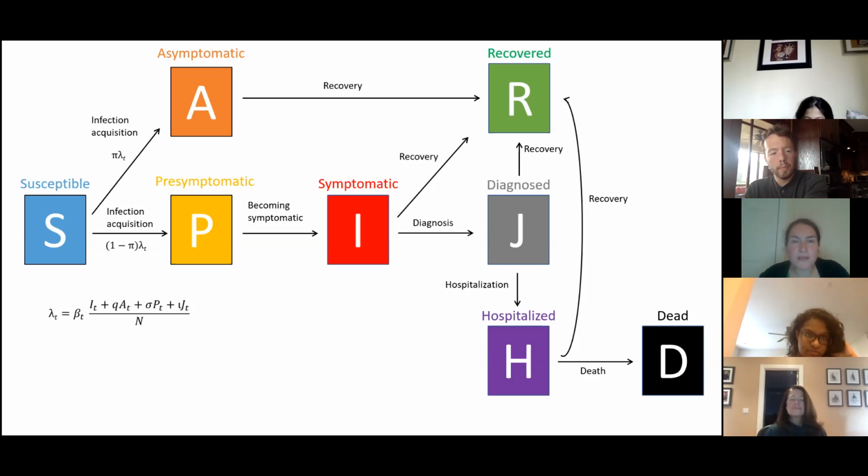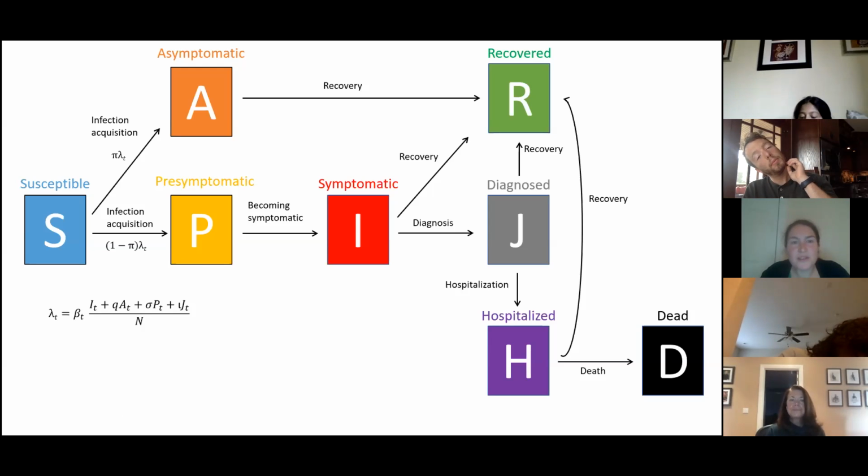And those compartments we added to capture important features of SARS-CoV-2 as we were starting to understand how it differs from the original SARS-1, which was well described by an SEIR framework. This infection is less well described by an SEIR framework because it appears that there are asymptomatic people who stay asymptomatic and can drive infection, and pre-symptomatic people who can drive infection as well.